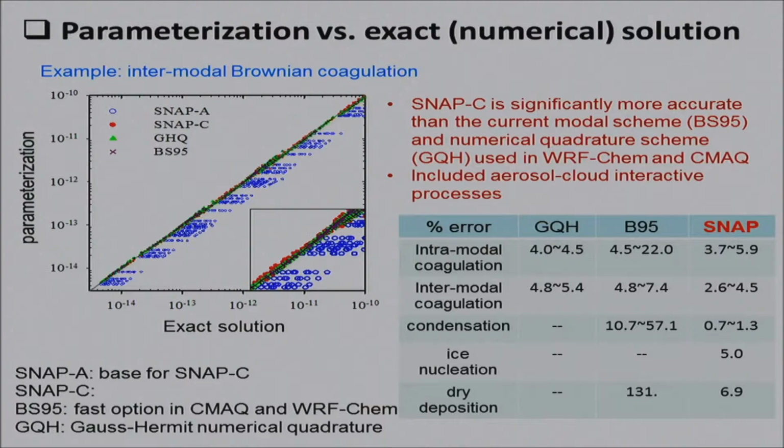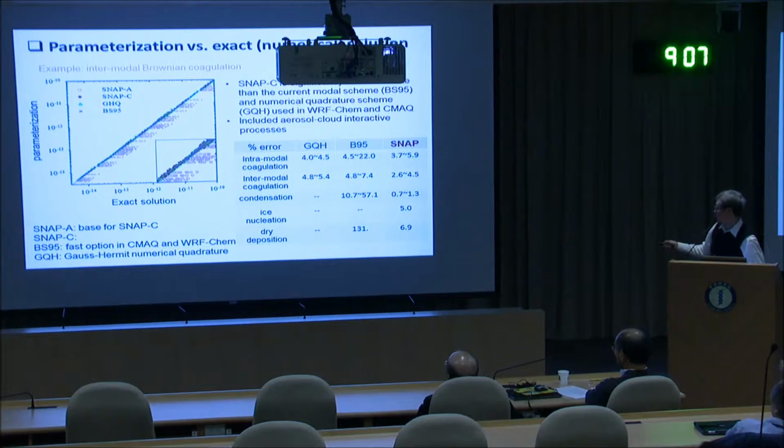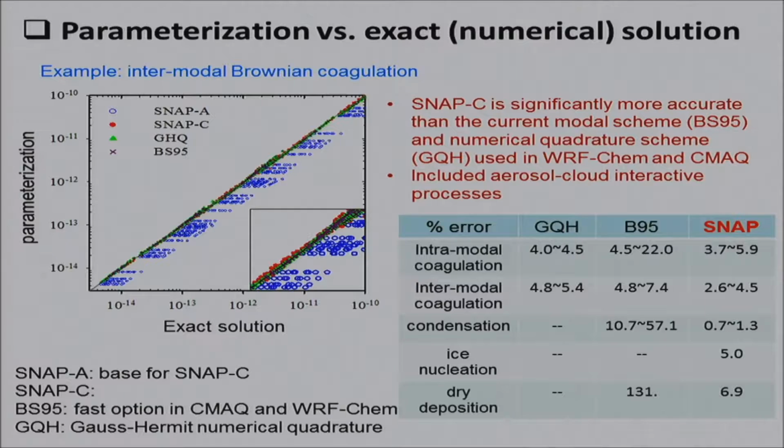And you can see most of these schemes are doing a pretty good job. The results lie along the diagonal line, which is 1-to-1. But if you zoom in, you can see some differences. And here are the difference tables. The SNAP scheme for different kinds of microphysics gives about 1 to 7% errors, which is much smaller than the scheme in CMAQ. And it can actually be more accurate than the numerical method, the Gaussian quadrature scheme.